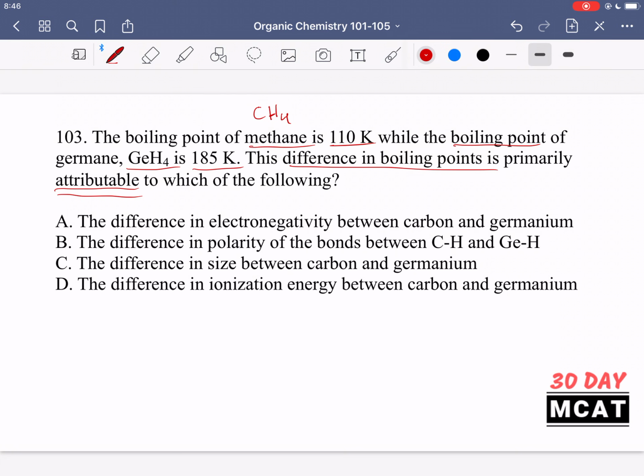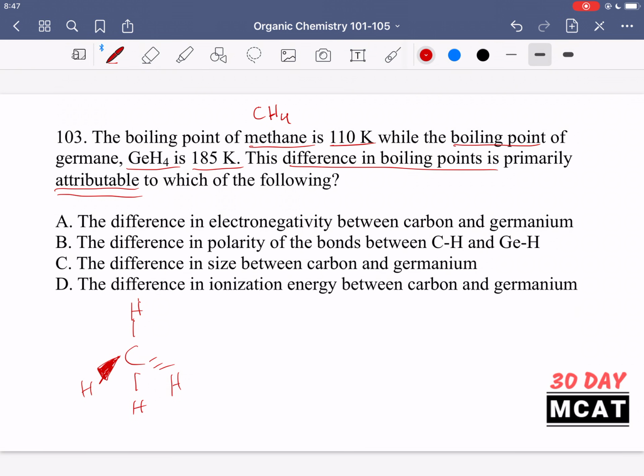So why do we see this significant difference in boiling points? Well, boiling points largely have to do with intermolecular attraction, so not within a molecule, but within the interaction between different molecules. And one thing to keep in mind, something that might have caused you to choose the wrong answer, is that it doesn't really depend too much on polarity. I'm just trying to very quickly draw the stereochemistry.